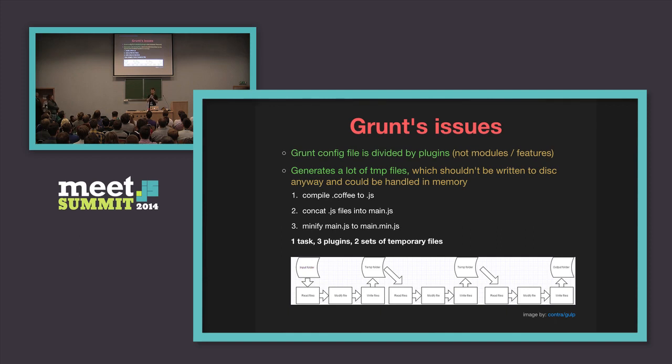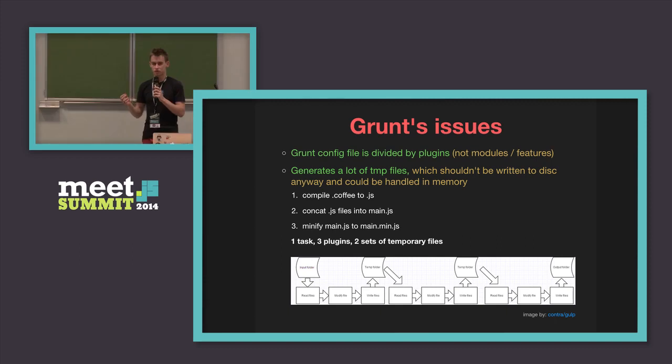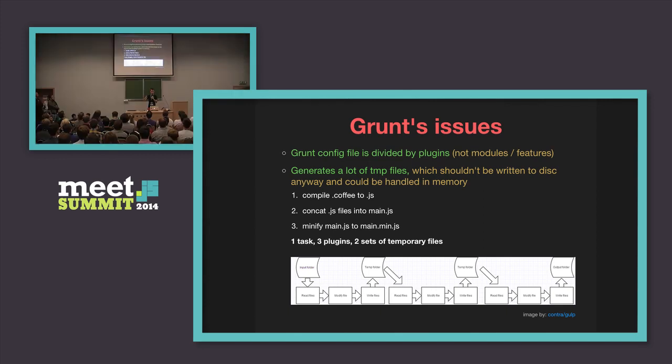Like when I want to compile my JavaScript code, then I need to compile the CoffeeScript to JavaScript. That is one plugin. Then I want to concatenate all my JS files to one file, and then I want to minify that file to one minified file.